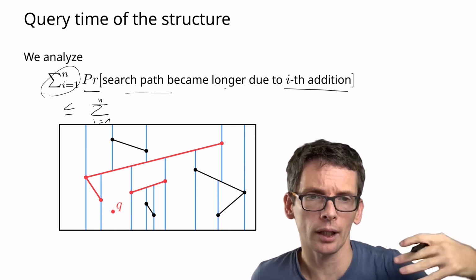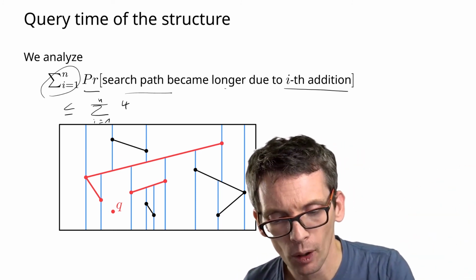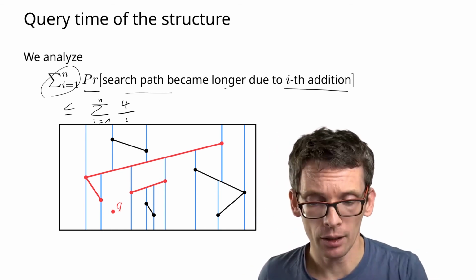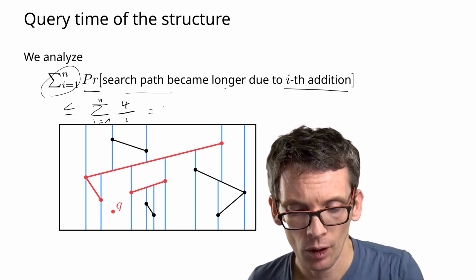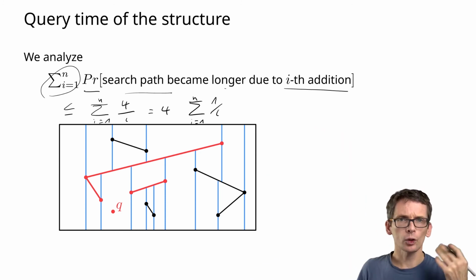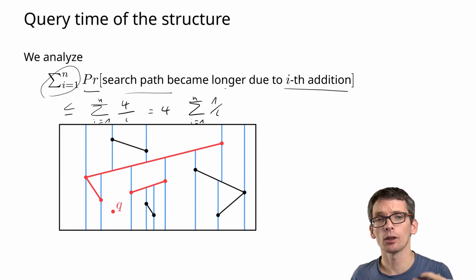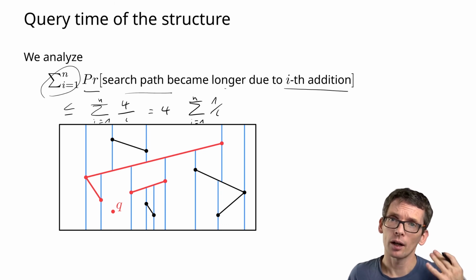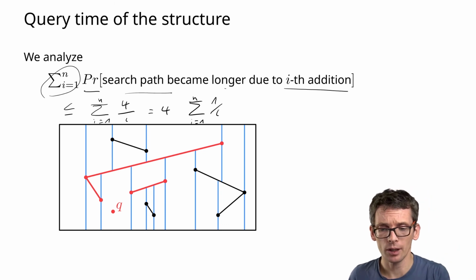With backwards analysis, we concluded this is bounded by 4 divided by i. So I have 4 times this sum here. So ideally you recognize this sum already and know how large it is. To give you some intuition, the sum is somewhat similar.